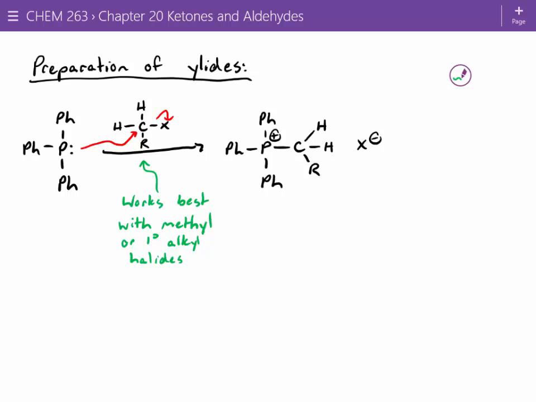You don't typically see this done with a secondary alkyl halide because SN2 substitution is just too slow with secondary carbons in that position.